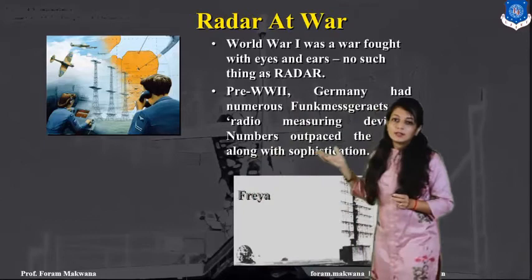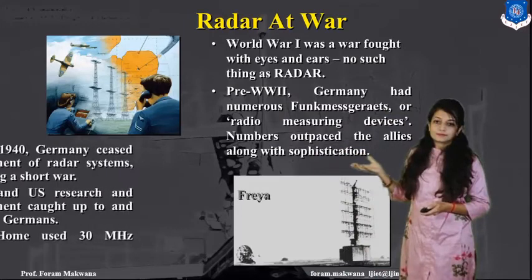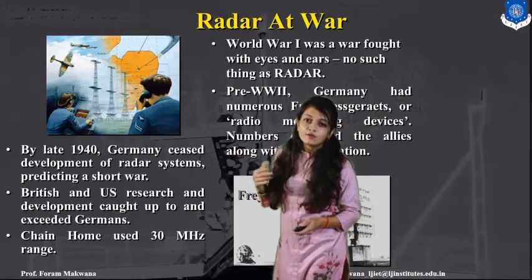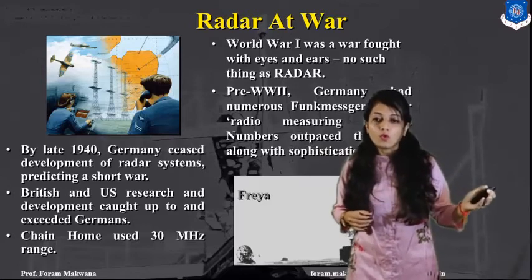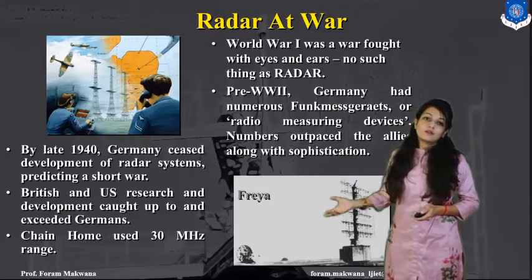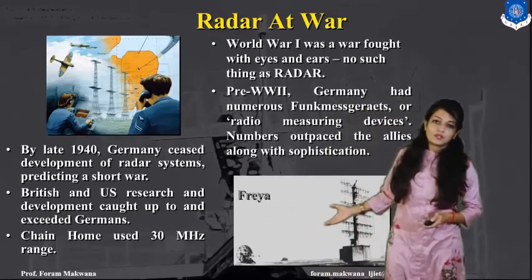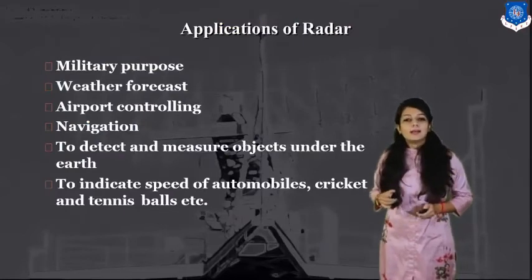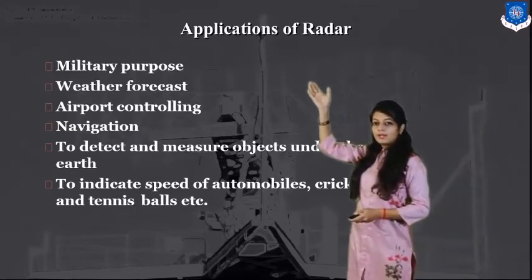By the late 1940s, Germany saw the development of radar systems which were credited in the short war, right? But that radar was used at a maximum of 30 megahertz of frequency range.